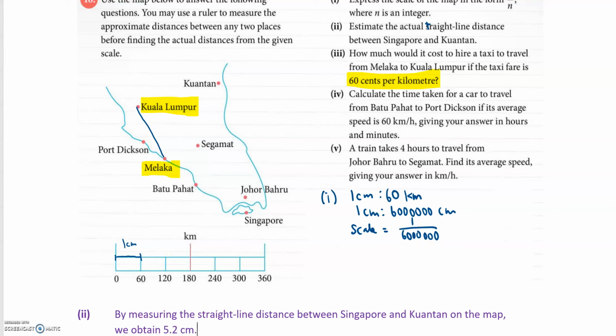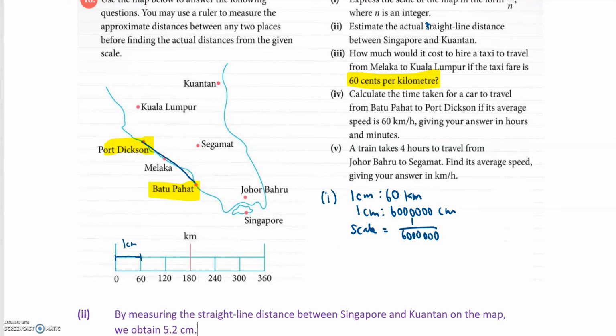For part 4, they want us to calculate the time taken for a car to travel from Batu Pahat to Port Dickson if its average speed is 60 kilometers per hour, giving your answer in hours and minutes. I will consider these two locations. If I draw a straight line between the two, it's just an estimate. I can use this straight line.